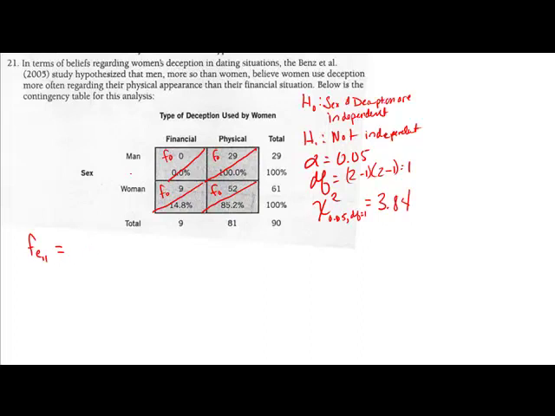So the row total of row 1 is 29 times the column total for column 1, which is 9, divided by n, which is 90.